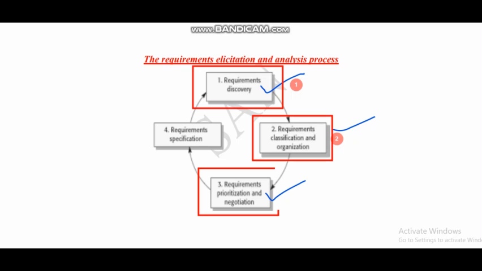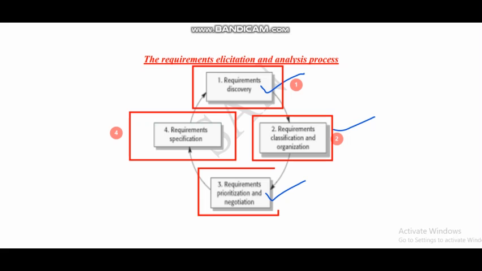So in requirement prioritization, you try to prioritize the information. The next phase is about requirement specification. Here you are going to finalize the requirements so that this requirement is carried out, and it is almost the final set of requirements, so that you can go to the third phase of the software development.